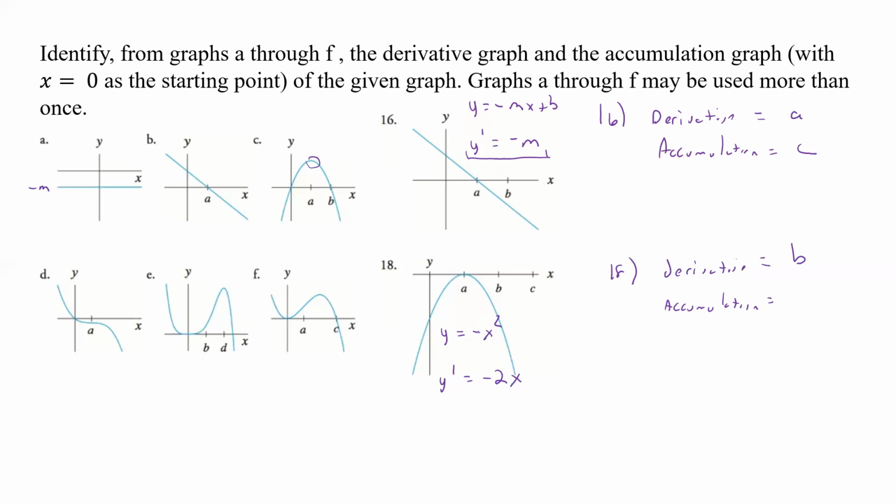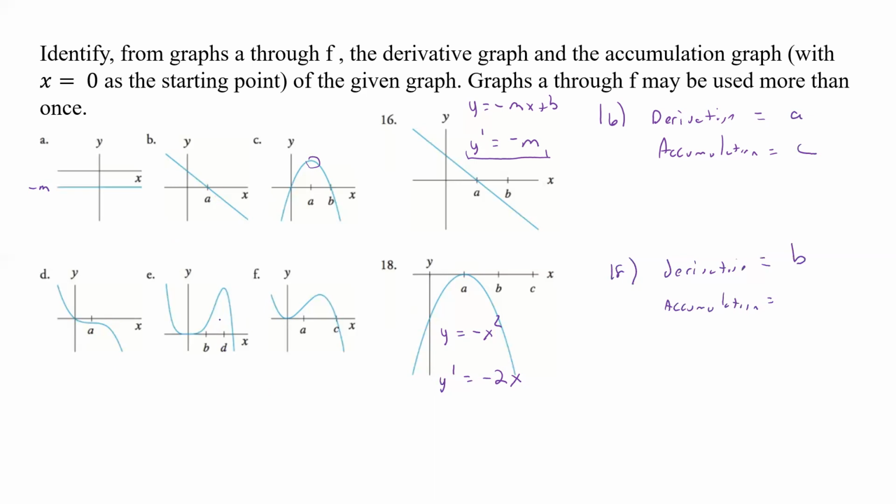Now for this one, what are we going to get for our value? We're increasing, so it's going to be positive for accumulation. Then we're going to hit the max here, and that's going to be kind of our 0 at this point. Then we're going to go down. If our A is going to be kind of a 0, thinking about the flatness there, that could be a 0.